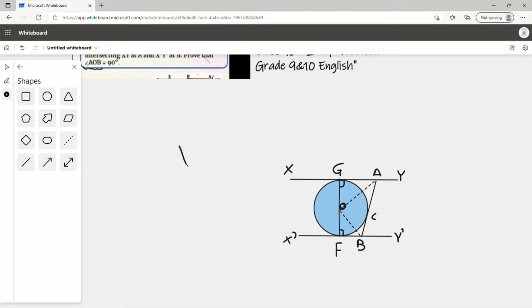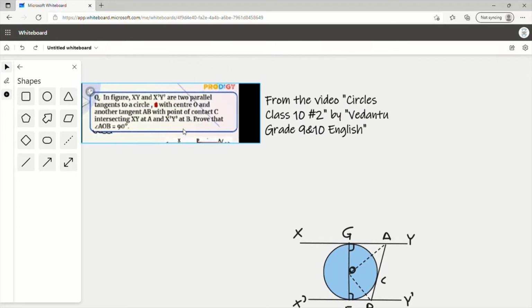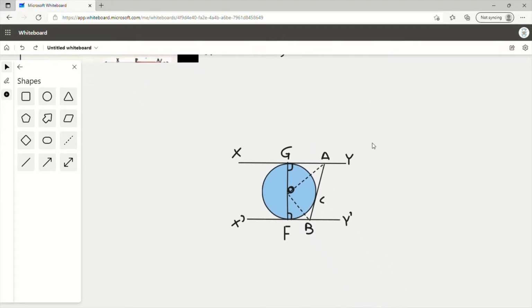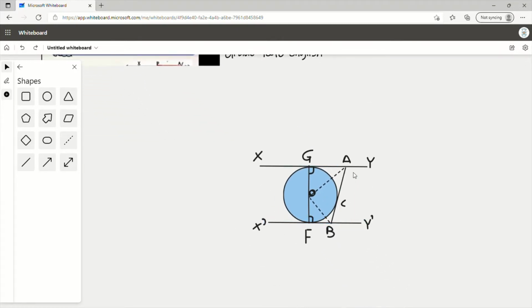I think I forgot to mention that. x dash y dash and xy are two parallel tangents of the circle. So that's why OG and OF must be a straight line, because this is 90 degrees, this is 90 degrees.